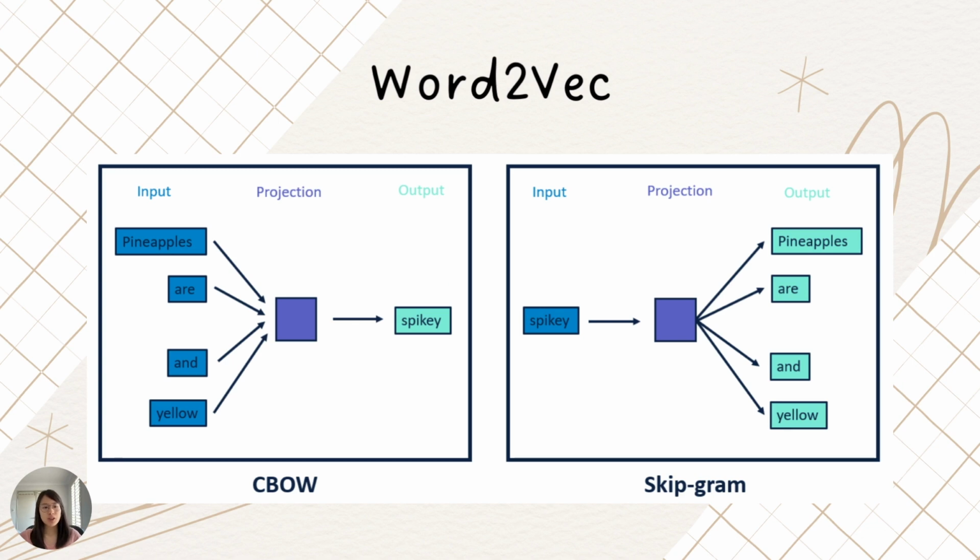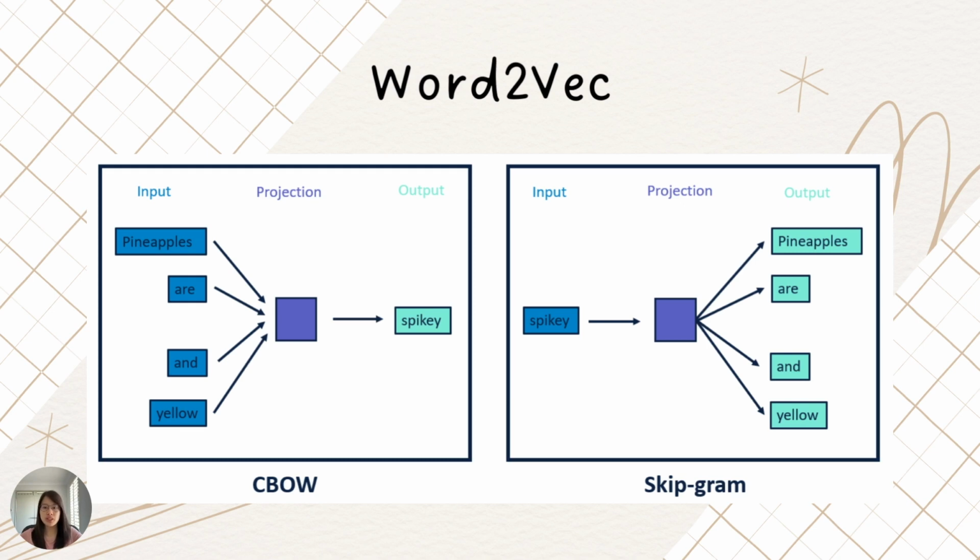The first example of a prediction-based word representation is word-to-vec. Word-to-vec is based on the simple concept that you can derive the meaning of a word based on the company or the neighboring words. So there are two varieties of word-to-vec, the continuous bag of words (CBOW) model and the continuous skipgram model.